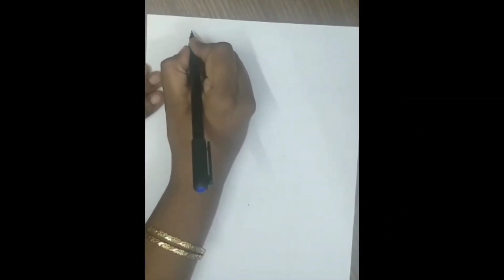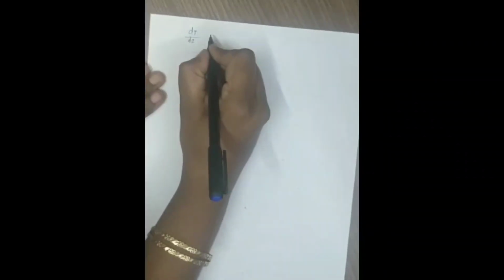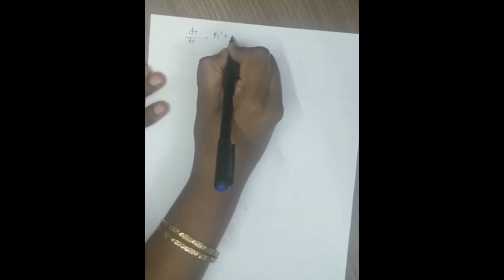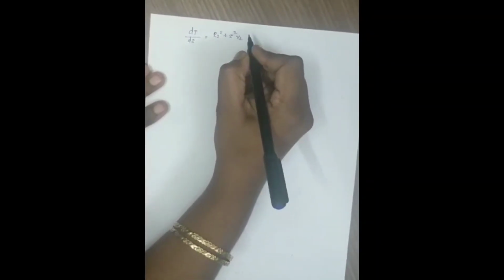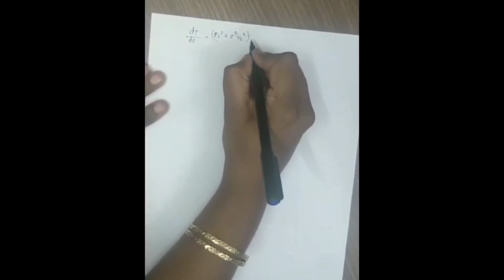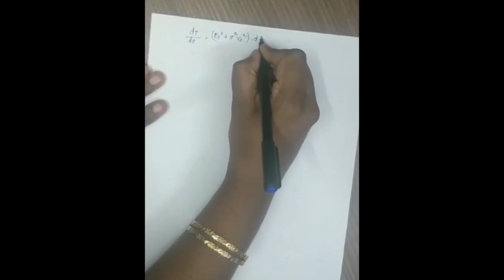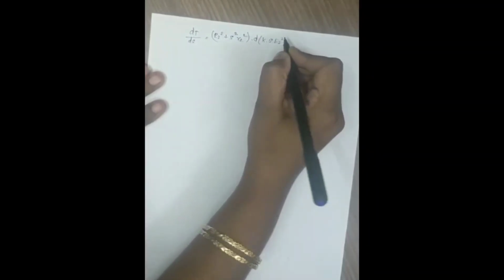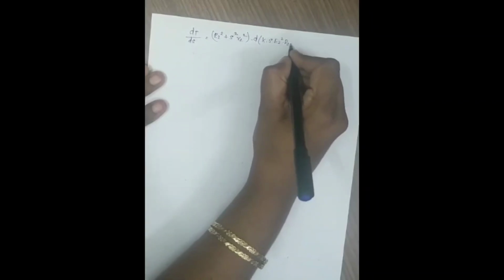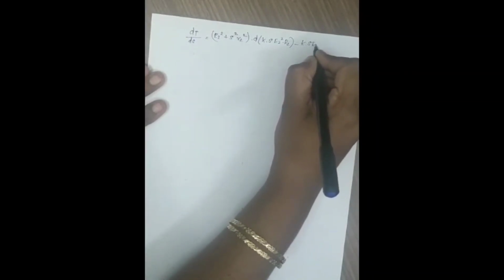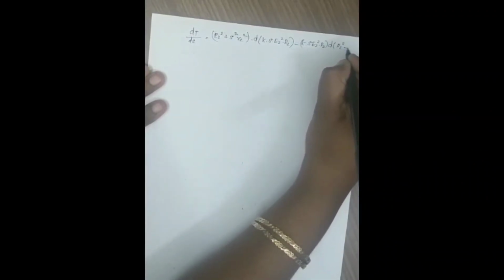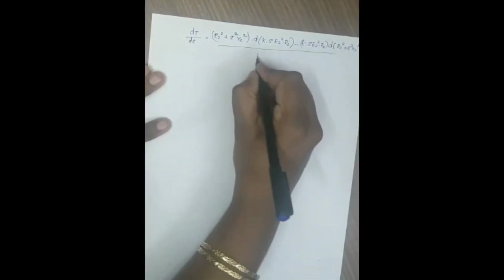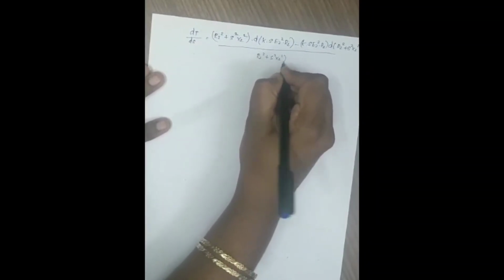So in continuation with the previous derivation, dt by ds is equal to: (r2 squared plus s squared x2 squared) into the differentiation of (k s e2 squared r2), minus (k s e2 squared r2) into the differentiation of (r2 squared plus s squared x2 squared), divided by (r2 squared plus s squared x2 squared) the whole square.